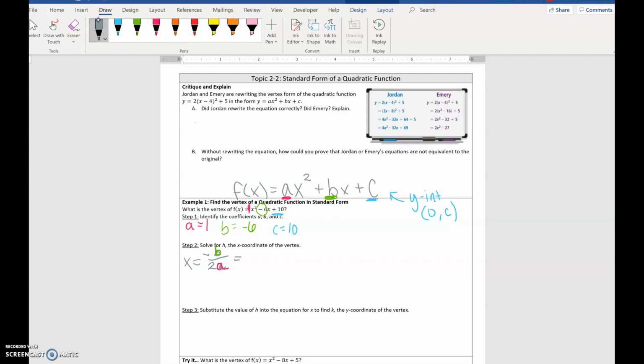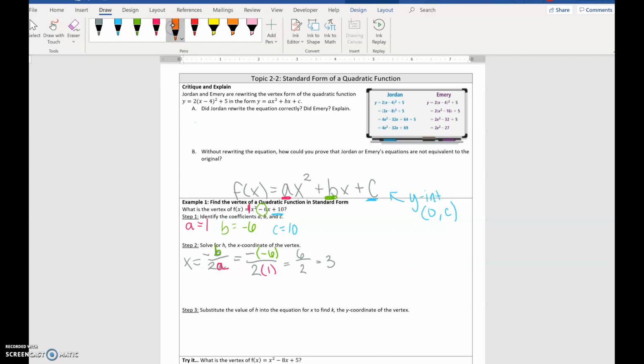So this equals negative, and then our B, which is -6, over 2 times our A, which is 1. And then we go ahead and reduce this, so this would equal negative, and negative would become a +6 on the top, and then 2 times 1 is 2. So our H value, or our x-coordinate of the vertex, would be 3.